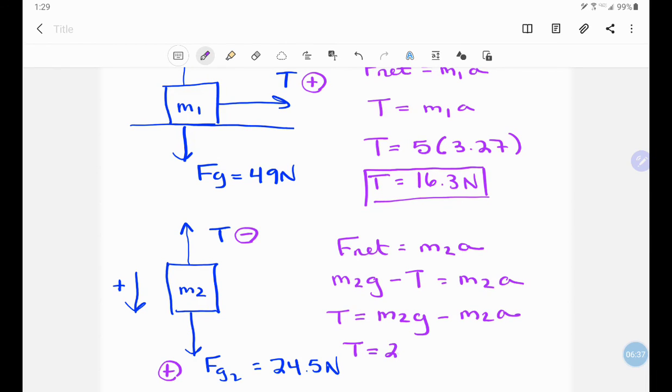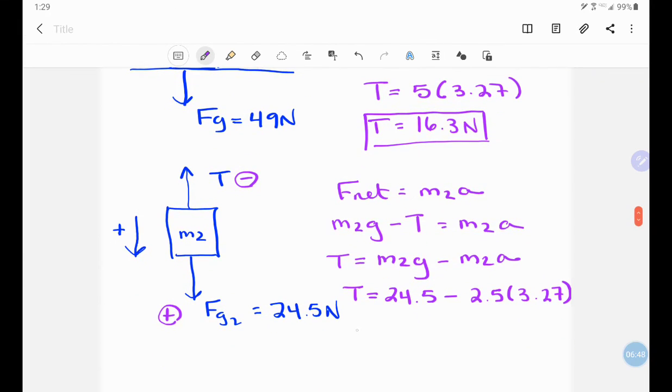So that is going to be 24.5 minus mass 2, which was 2.5, times 3.27. So we get tension is equal to 16.3 newtons here. So guys, we have two ways to find tension.